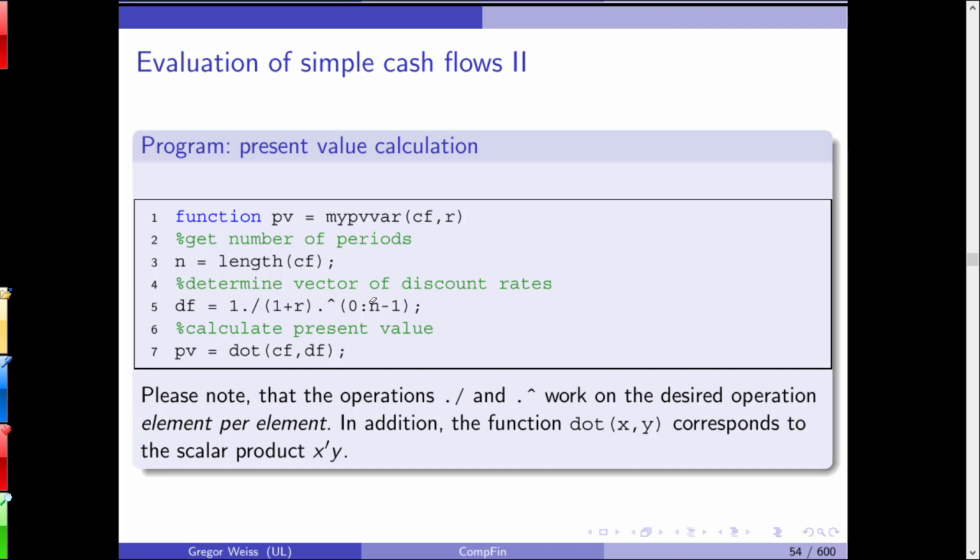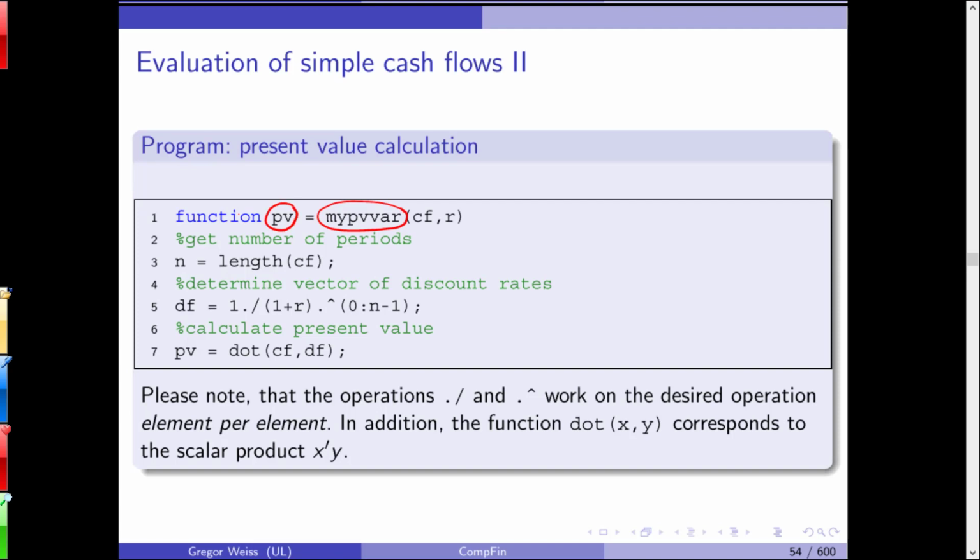We'll define a function, myPVvar. This here is the name of the function. So every time we type in myPVvar, it will open this function. This here is the output.